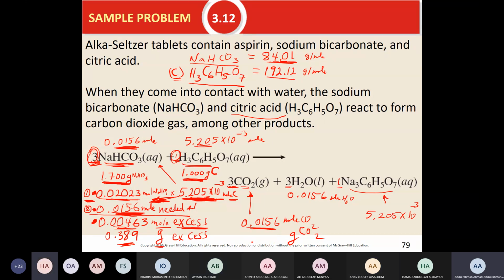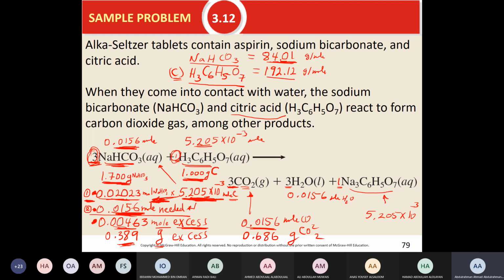Doctor, did we say that I'll get 0.0156 moles because it's multiplied by 3 and sodium bicarbonate is multiplied by 3 too? Repeat your question. The sodium bicarbonate now is multiplied by 3 moles, right? Yes, that's 0.156 mole.